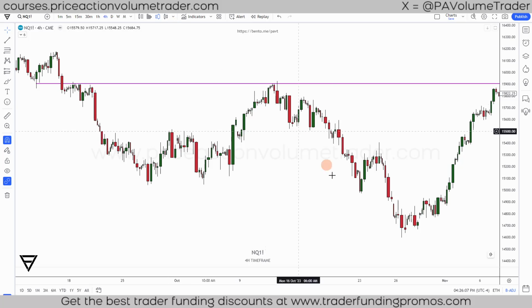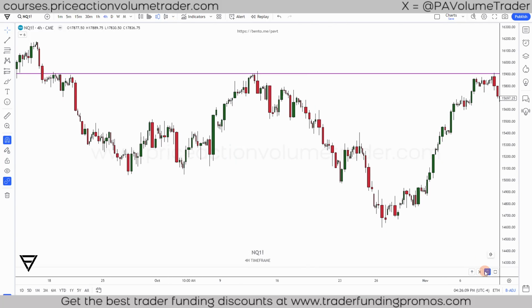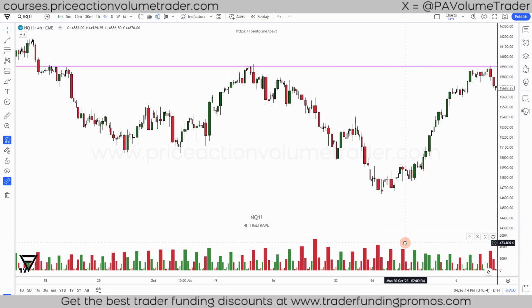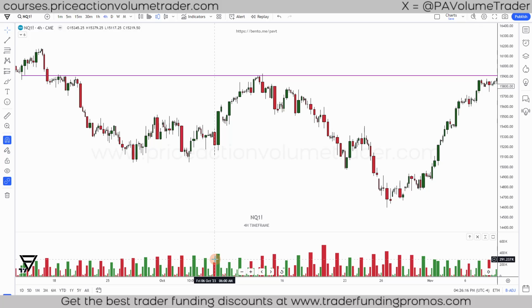To use this, I would also recommend activating the volume indicator as well, just a regular volume indicator. So you can see it here, and that way you have the volume scale here, so you can measure out how much each volume candle is.